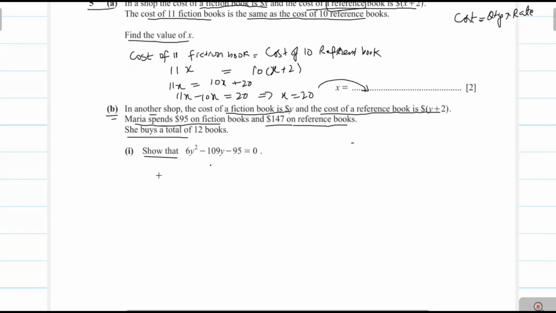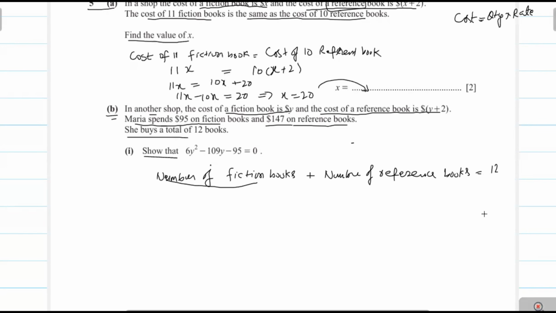Firstly, the number of fiction books plus the number of reference books equals 12. And firstly, we find the number of fiction books. You see here, this is the rate of the fiction book, and this is the amount, the total cost of the fiction books. You know the cost equals the quantity multiplied by rate.